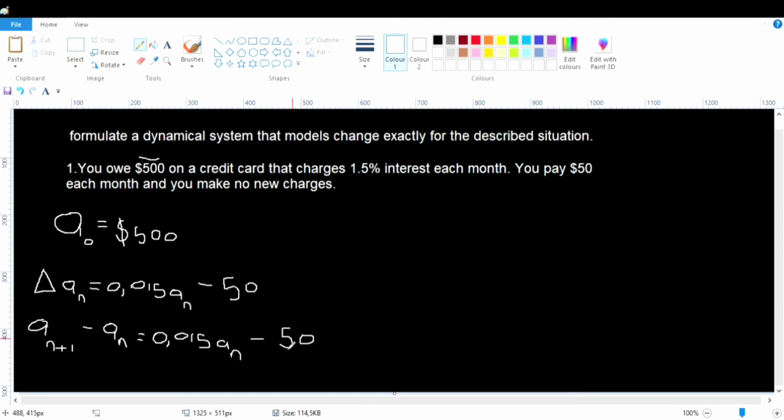So now we should make a sub n plus 1 the subject of the formula.